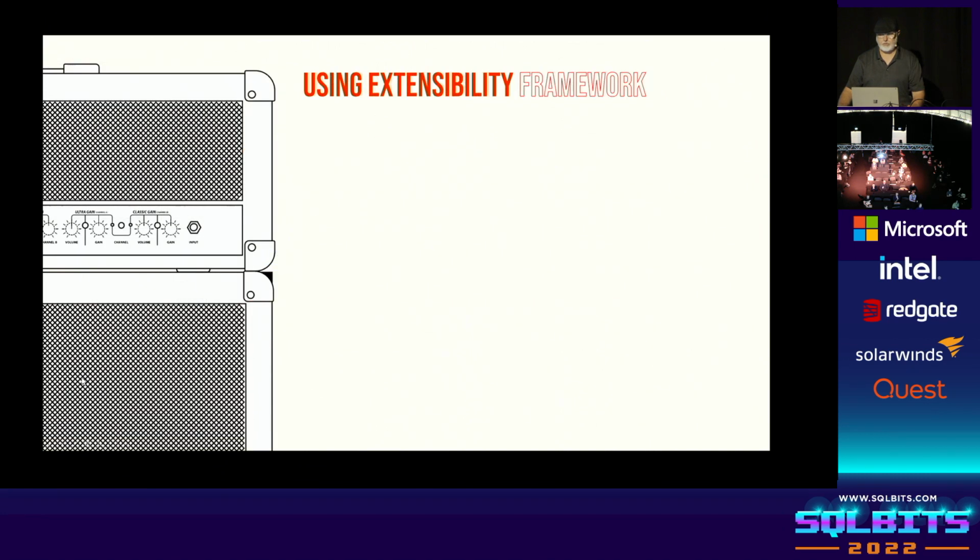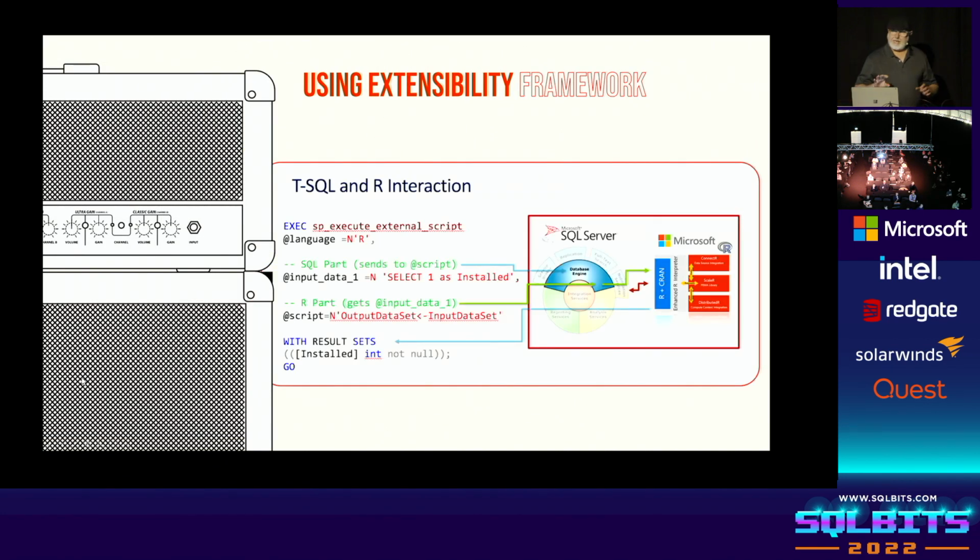Now let's go to the next one. Let me recap what we saw just a moment ago, and then I'll show you another example. The first part is the SP execute external script. Second part is the language. From there, you need to tell it what you want to do in SQL. That's your typical select statements from any tables, any SQL you want, whatever you normally do.